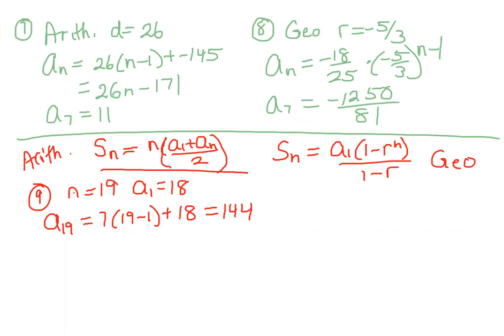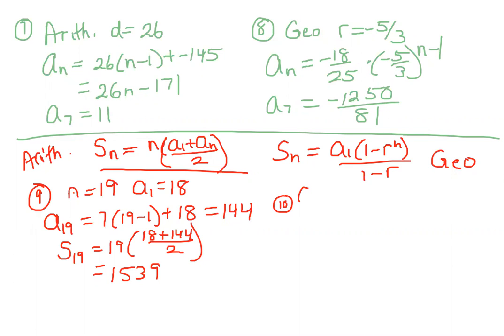Yes, that's our last term. So we can substitute it all in, and we can say S19 equals 19 times the first term plus the last term, divided by 2, and that is 1539.